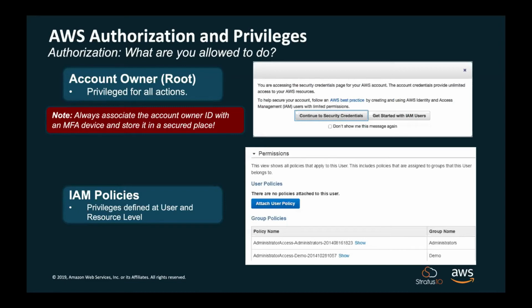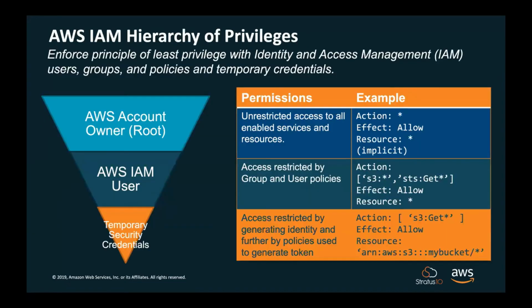Create IAM users for specific levels of access. We'll talk about that more later, but there's a methodology where you can create policies and assign those to users or groups of users based on different thresholds of access you'd like them to have. Again, really hitting this home, the root account has unrestricted access to all resources.